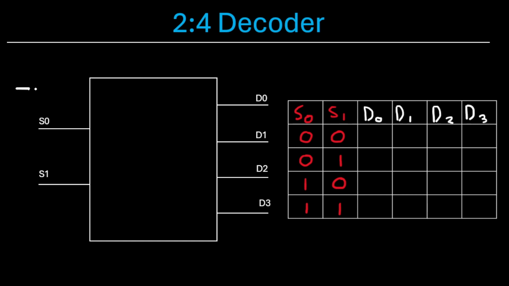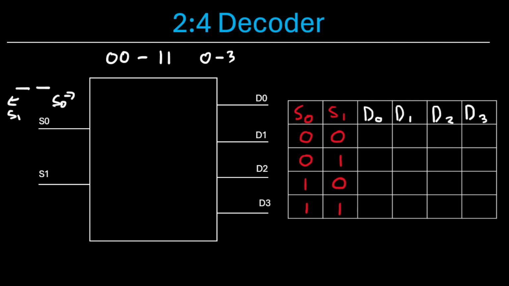However, this time we have 2 bits, where S0 is the rightmost bit, or the least significant, and S1 is the leftmost bit, or the most significant. And with 2 bits, we know that we can represent numbers 0, 0 through 1, 1, or 0 to 3, hence why we have D0 through D3 as our outputs.